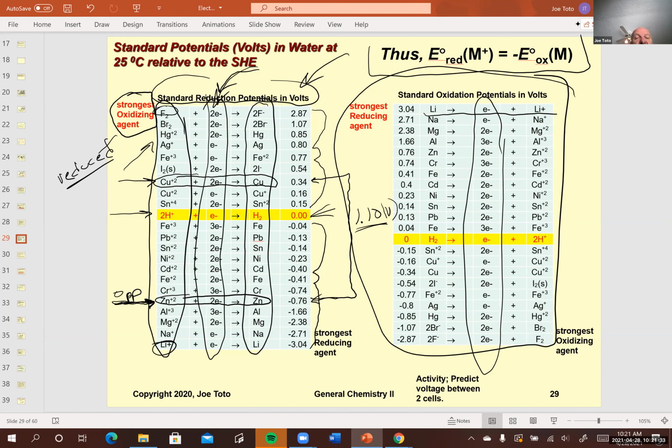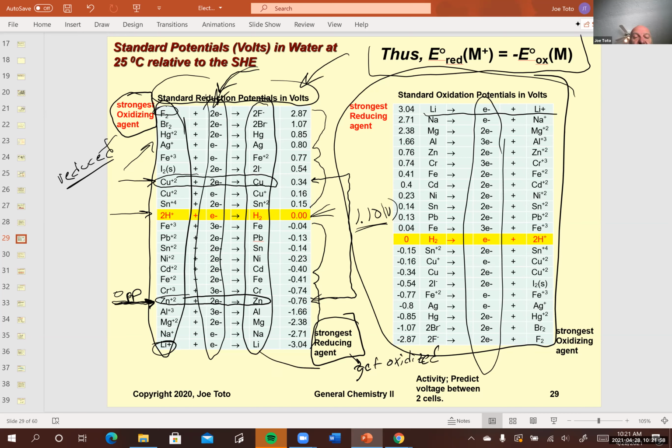But if I want to look at the reducing agent, then the things that are going to lead to that are on the right side, right? Because a reducing agent gets oxidized. Okay.